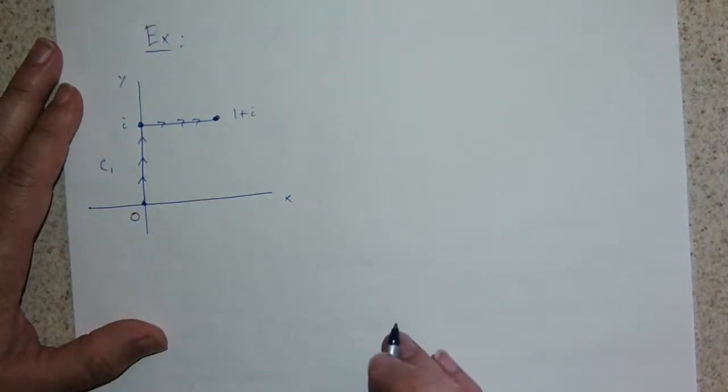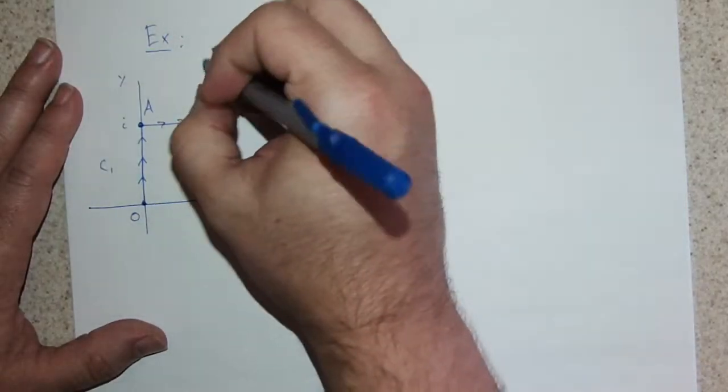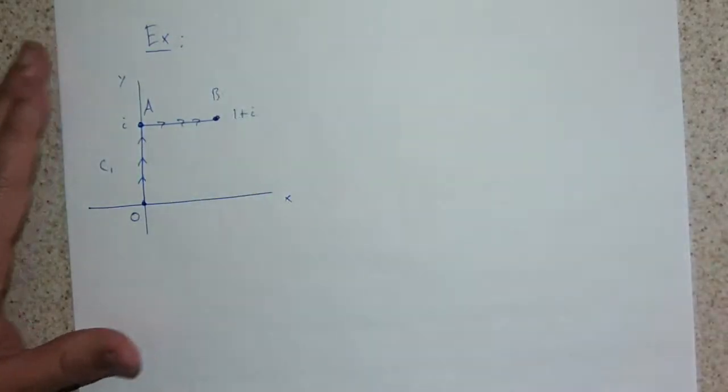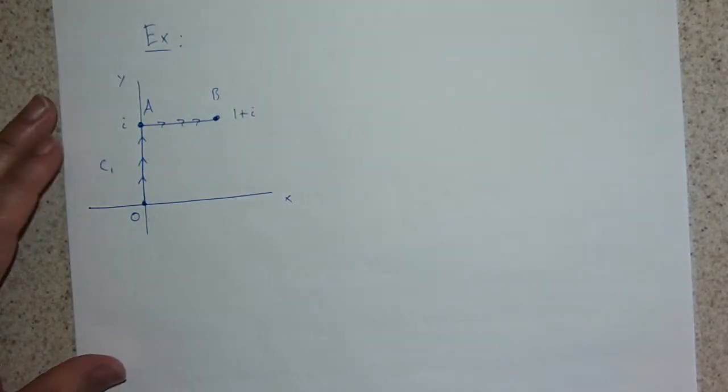We'll call the origin O, and this path C sub 1. We'll call the point i the point A, and the point 1 plus i the point B. So C sub 1 is that whole curve.